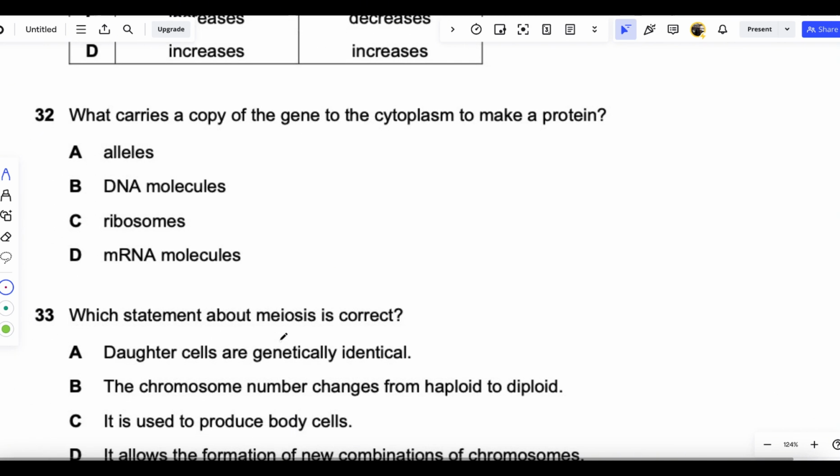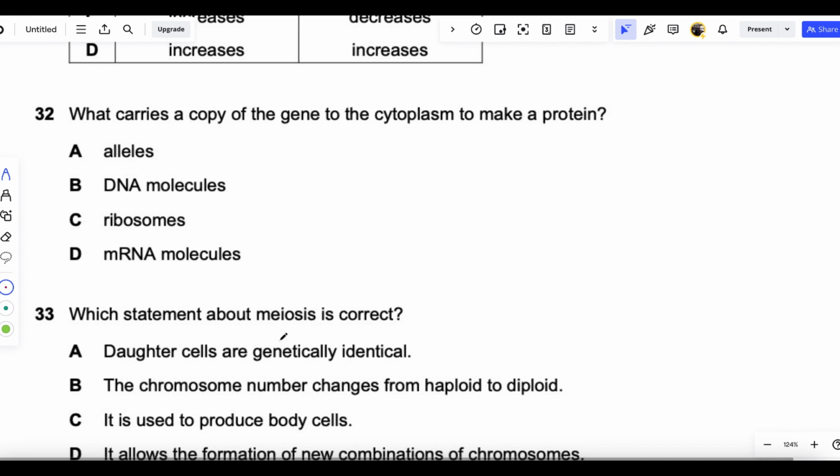Now we go to question 32. What carries a copy of a gene to the cytoplasm to make a protein? mRNA. The mRNA molecule does that from the DNA strand.